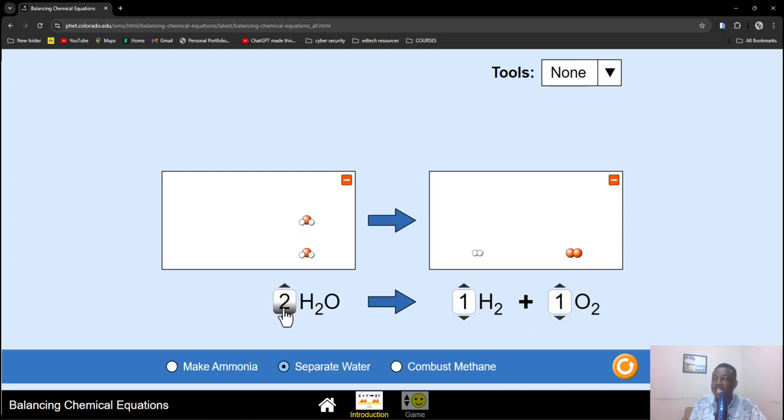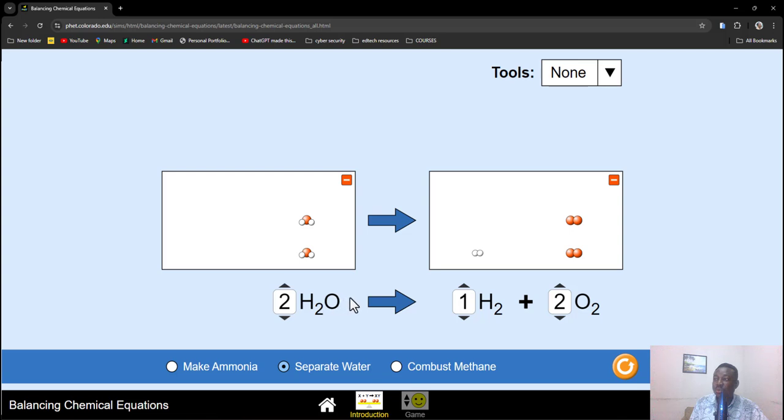When I click this again, you see that now I have 2 hydrogens here, but 4 oxygens. Now when I click this, you can see now we have 4 oxygens here, but here we have 2 oxygens, which is not the right thing. So let's keep playing around with it and see.